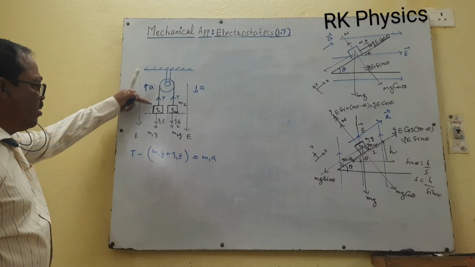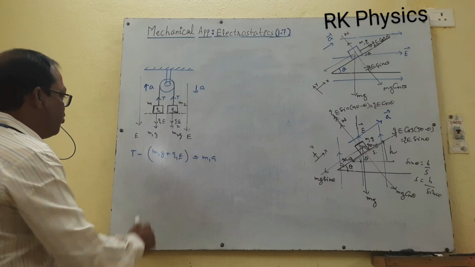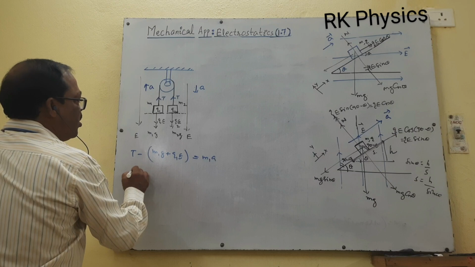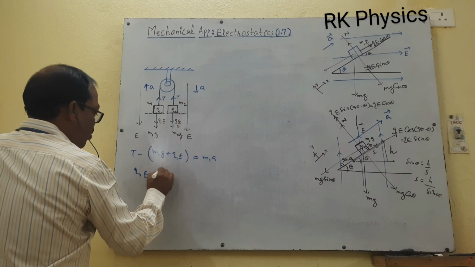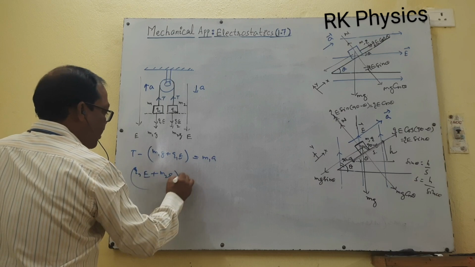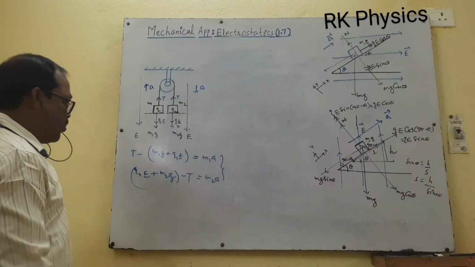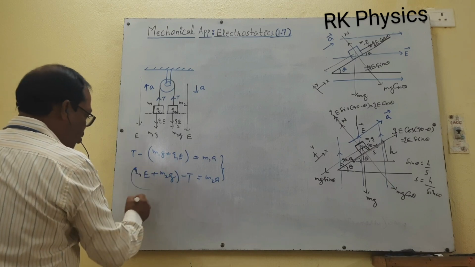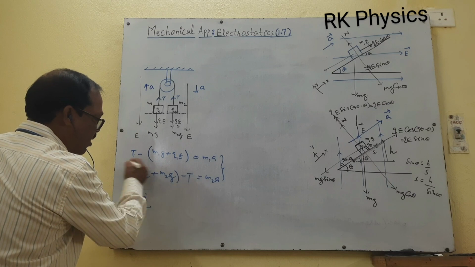T is forward, this is backward, T is greater than this, therefore this is m1a. For m2, moving down, you write q2e plus m2g minus T equal to m2a. Now, if you add these two equations, T cancels.